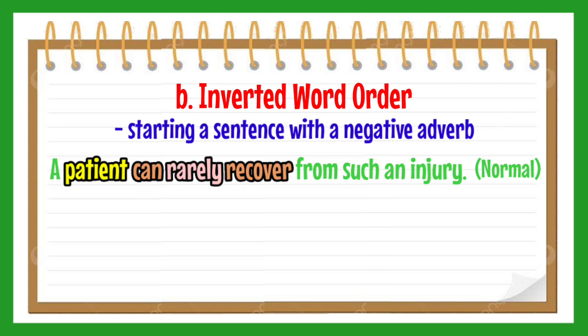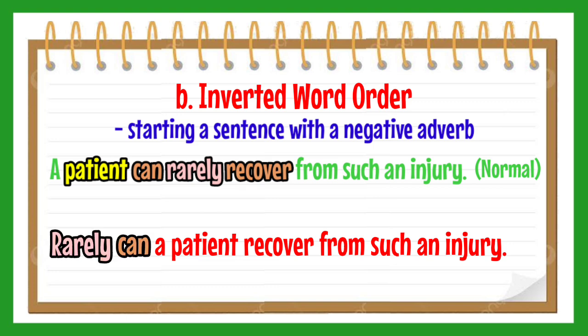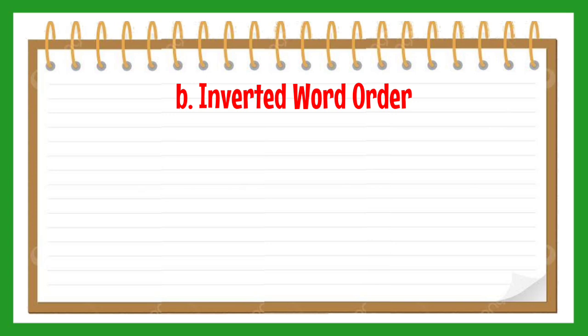Now, if you transform it into a sentence in the inverted word order, it becomes, rarely can a patient recover from such an injury. As you can see, the negative adverb comes first, then the part of the verb, which is can, before the subject, which is patient, and then the main verb or action verb, which is recover, and then the remaining words of the sentence.